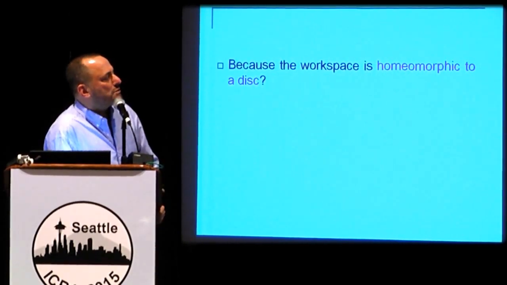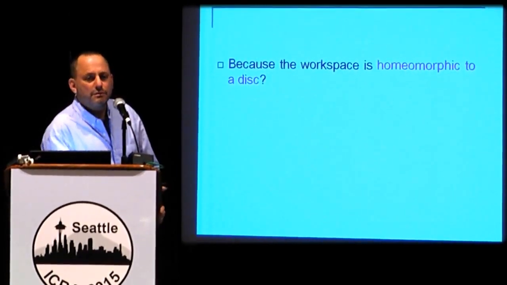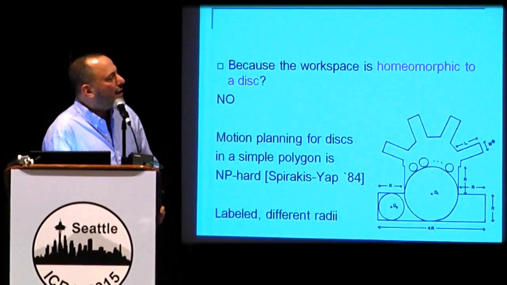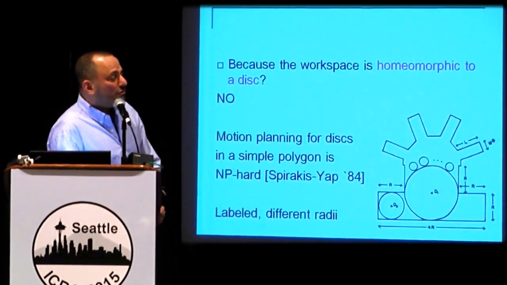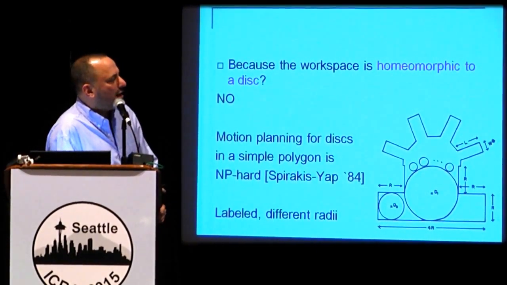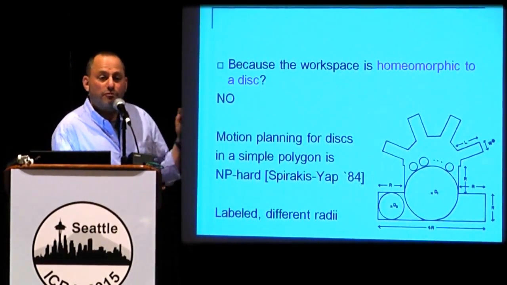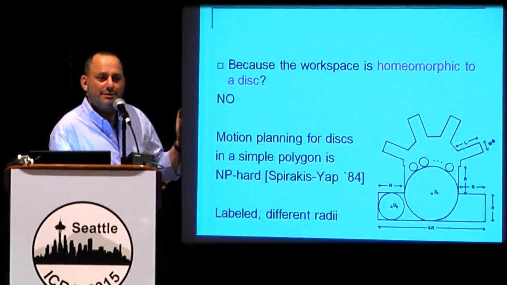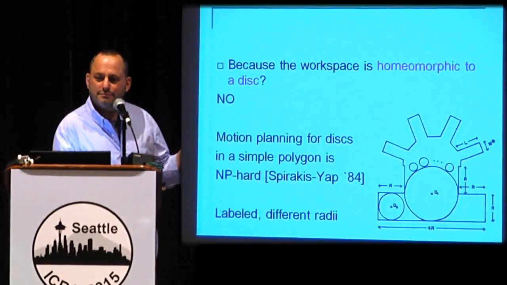Is it because the workspace is homeomorphic to a disk? Well, the answer is probably not. Over 30 years ago, Spirakis and Yap showed that the motion planning problem for disks in a single polygon is NP-hard. It's still different from our problem because the robots are labeled.